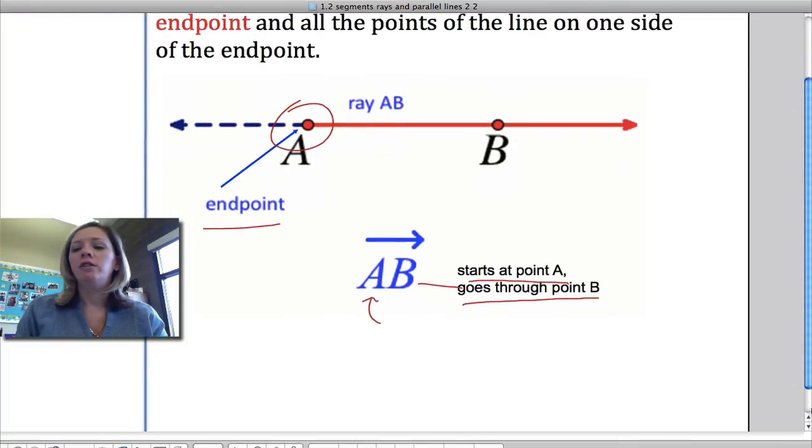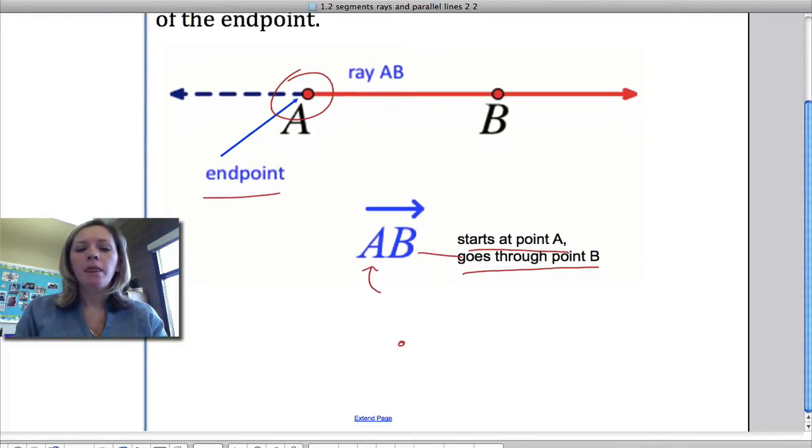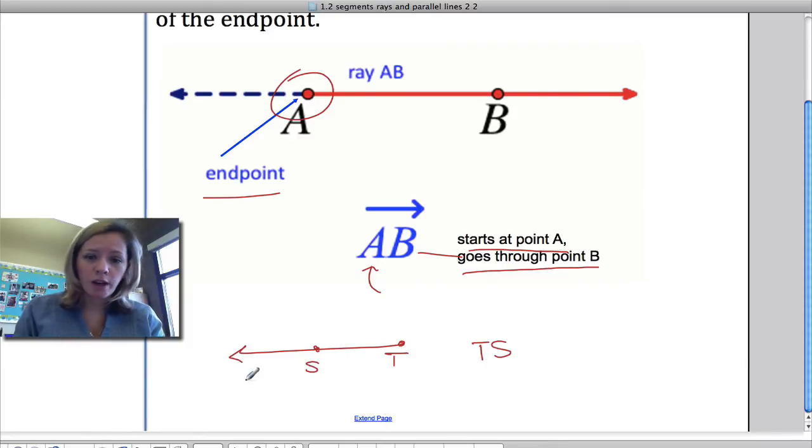Let me give you another example. If I had a ray that went like this, let's call this S and T, I would have to call this ray TS because the ray begins at T and then it goes through S. And my arrow would still point to the right because it always points to the right.